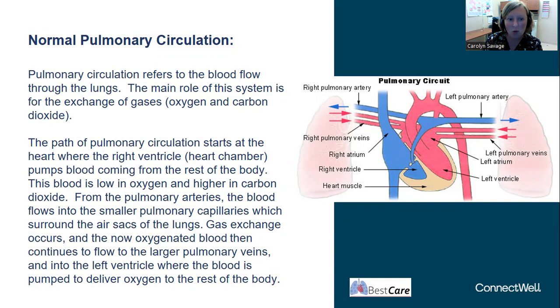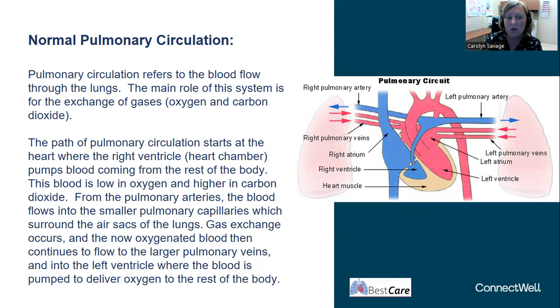This blood is low in oxygen because the body has already used it, and higher in carbon dioxide. The right heart pumps it into the pulmonary circulation through the pulmonary arteries.